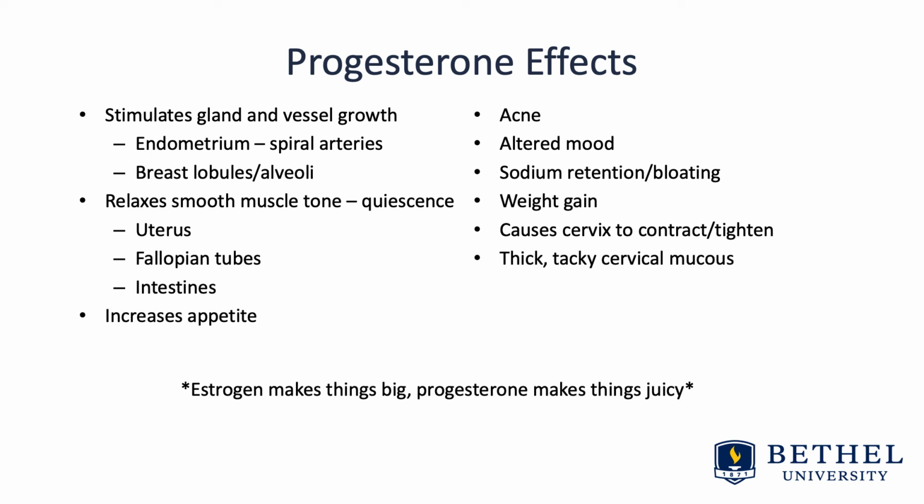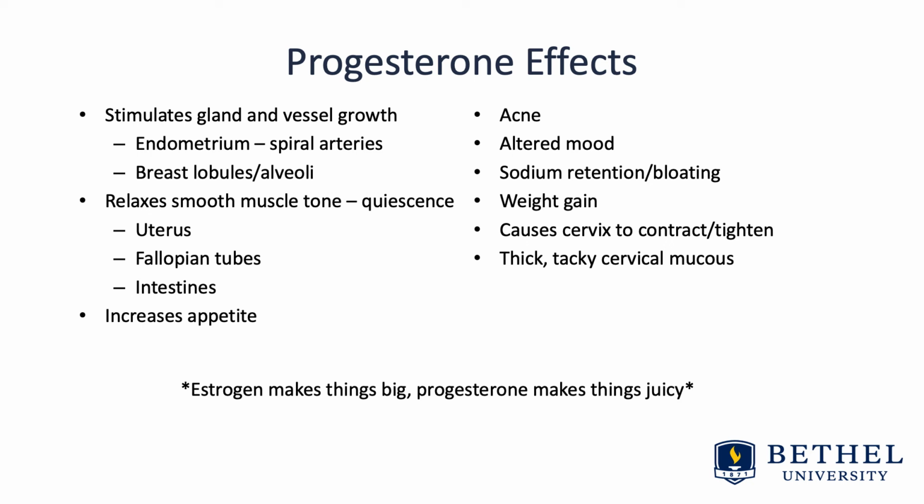And then it also makes cervical mucus thick and tacky, again, because we don't need to encourage sperm to go up into the uterus. So estrogen's helping prepare the body to get pregnant, and progesterone really is preventing it. It's not a phase in the cycle that is conducive to getting pregnant. It's either already there or there's no point in trying.